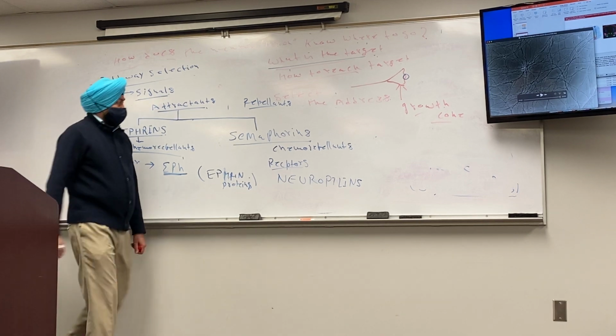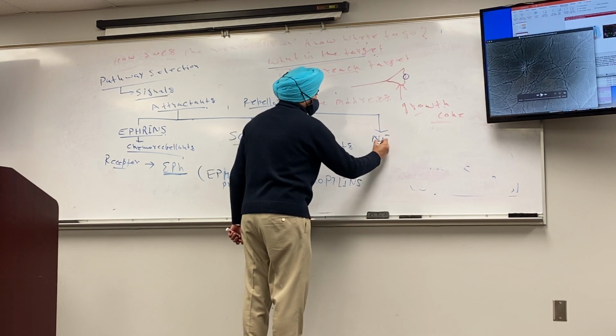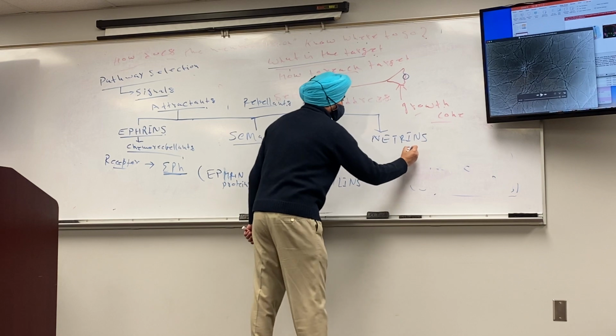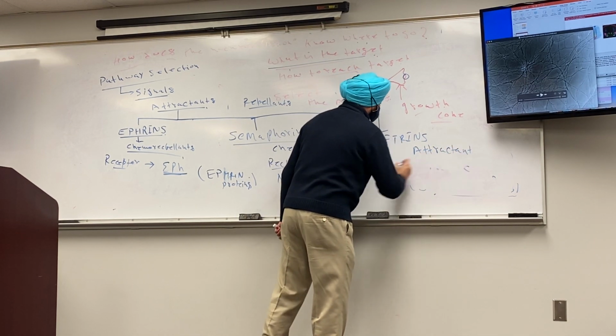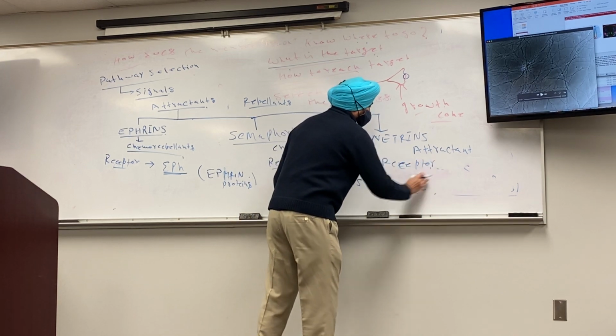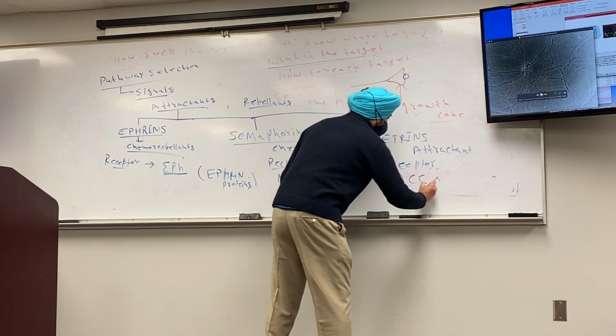Then you have netrins. These are attractants. And their receptors are DCC and DSCAMs.